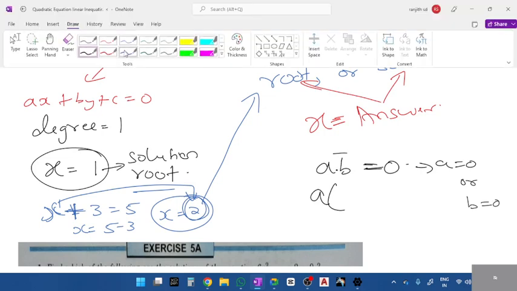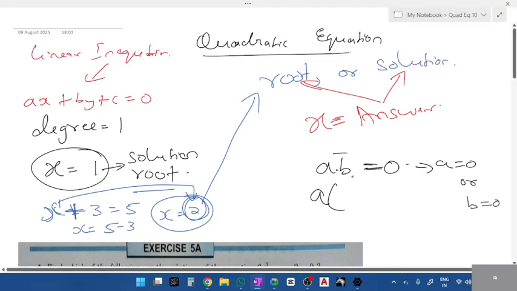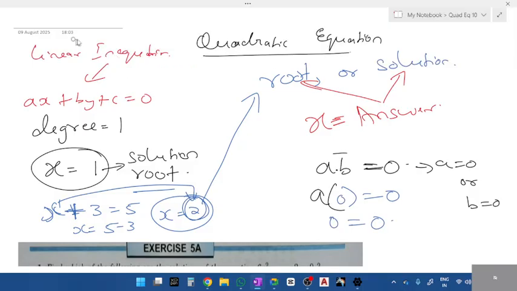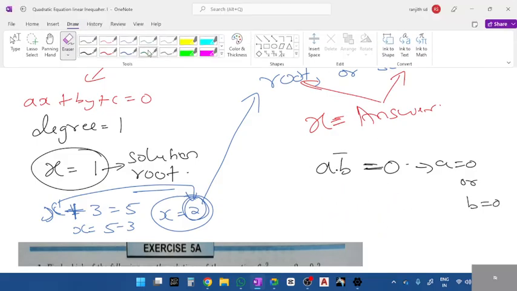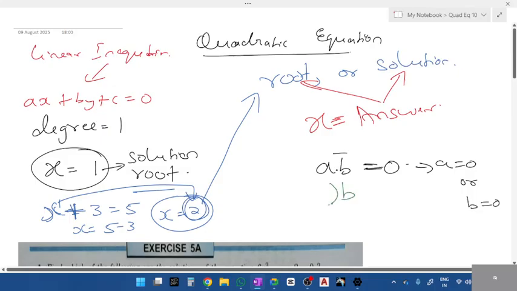The meaning of this is, let a be any value. If you put b is equal to 0, left hand side should be equal to right hand side. A into 0 is 0. Next, you can take even b as 0 and keep a as it is. If you take a as 0, b into 0 is equal to 0.